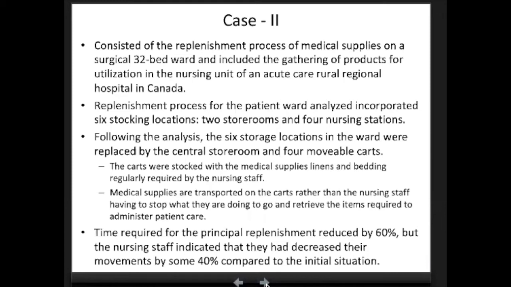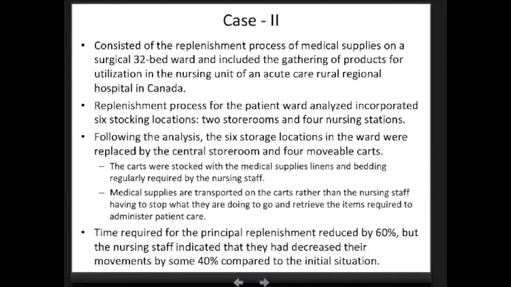This replenishment process currently incorporated 6 stocking locations, which included 2 storerooms and 4 nursing stations. After the analysis, these 6 storage locations were replaced by 1 central storeroom and 4 movable carts. The carts were then stocked with the medical supplies, linens, and bedding regularly required by the nursing staff.